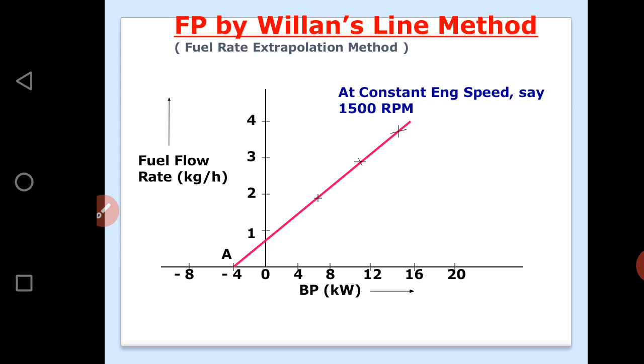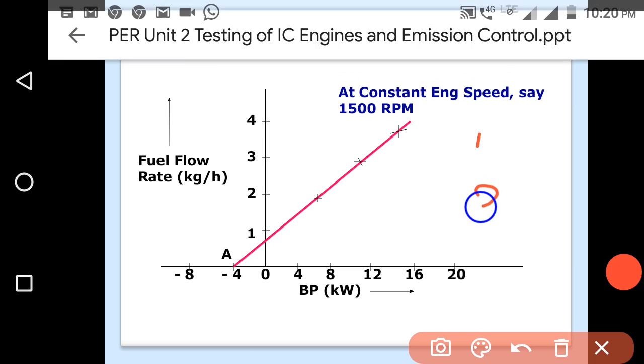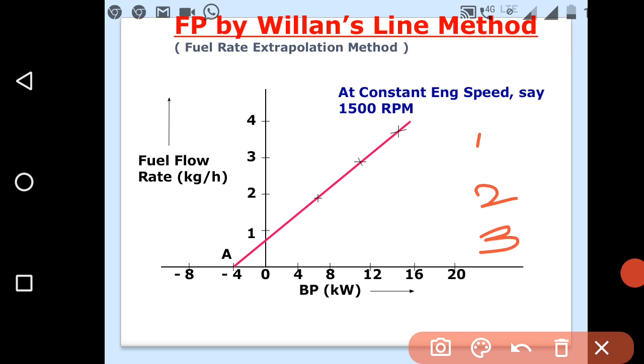If I take three load conditions, say 25% of load, 50% of load, and 75% of load, there will be variation in production of brake power, and fuel consumption will also vary.